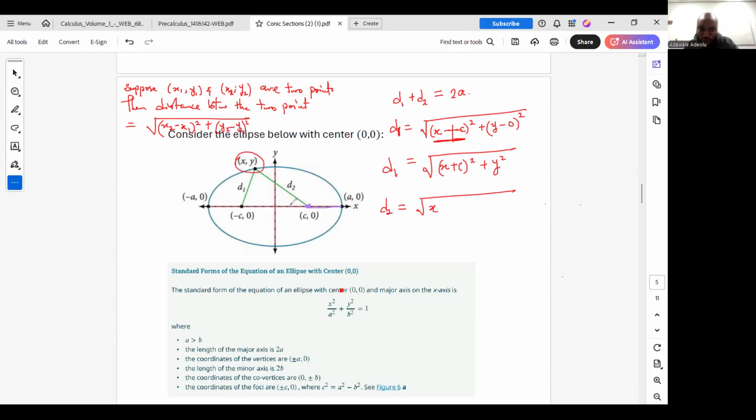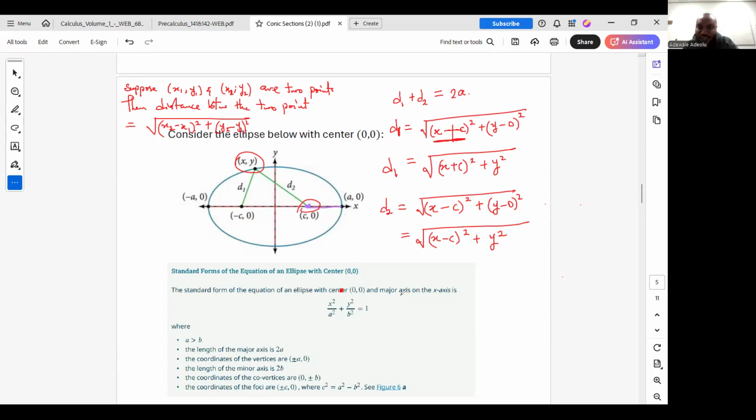So I'm using this point and this point now. So that is x minus c all squared plus y minus 0 all squared. So that is the square root of x minus c all squared plus y squared. So that is the truth.